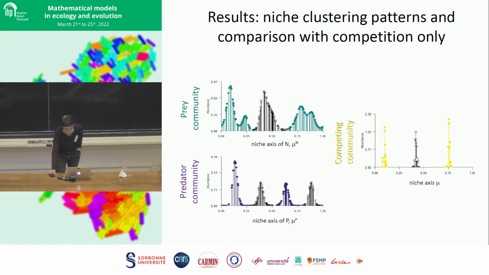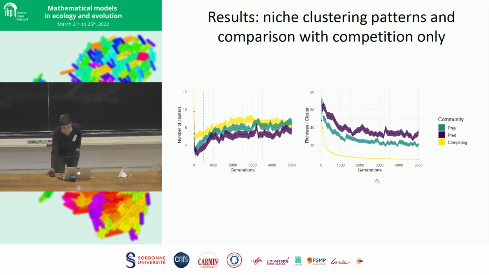From the simulation work that we did, of course, it depends on the parameters, but with the set of parameters we have here, we compared the predator-prey model with the prey-only system with competition. We don't have strong differences in the number of clusters, and we can see that they can stay for quite a long time. But the main difference between the two was that in the predator-prey system, clusters seemed less transient than in the competition case, at least in our simulations.